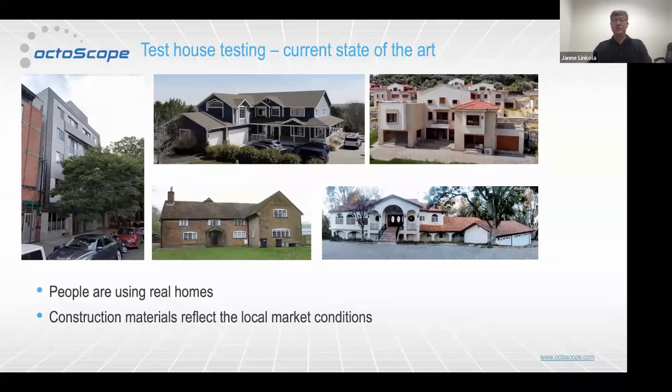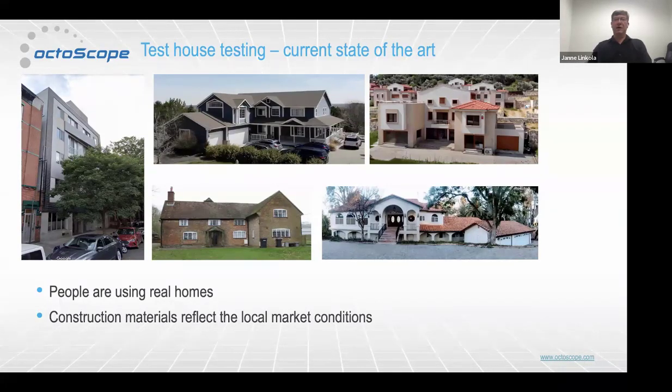And I suppose the first observation is that people are indeed using real homes. What's interesting is the recommendation on wood frame buildings is not strictly followed. We see clearly brick buildings and buildings made out of concrete in this sample, and that's understandable if you think about it, right?